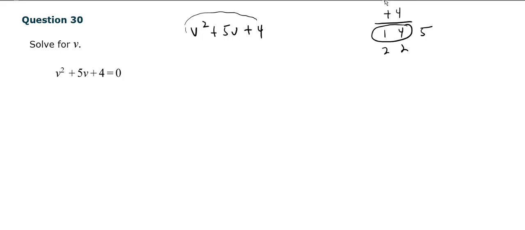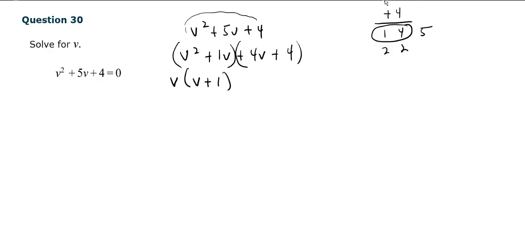So just like we did before, we're going to rewrite and then factor by grouping. In the first group, the greatest common factor is v. When I take that out, that gives me v plus 1. And in my second group, the greatest common factor is positive 4.